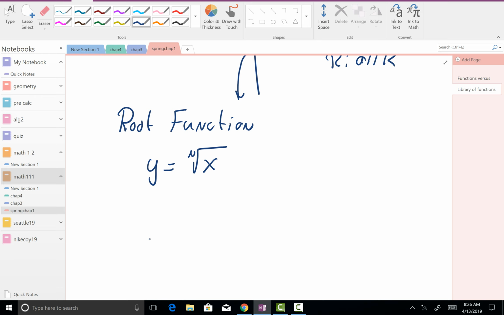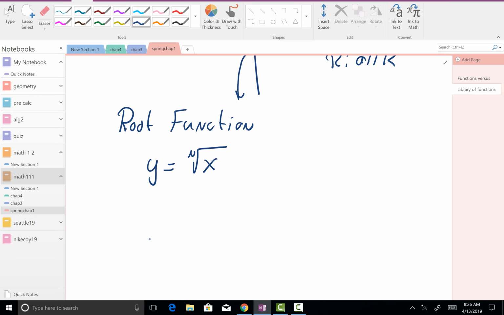I'm going to start at 0, go to about 5 again, and go by ones. Oops, I don't have a y equals there. There we go. So I have y equals, and here's the power on the root. It's just a line, it's not a big deal.